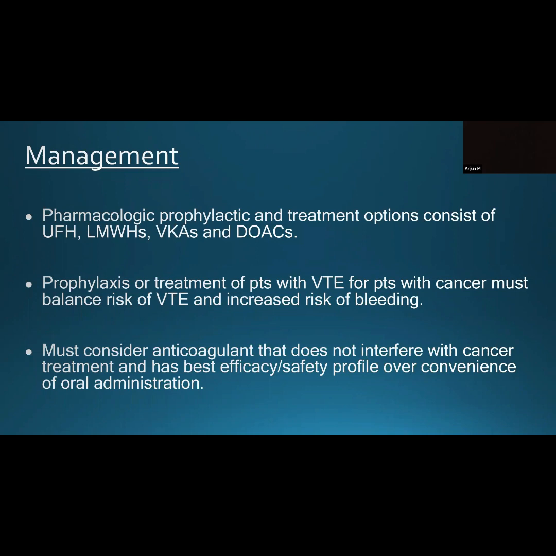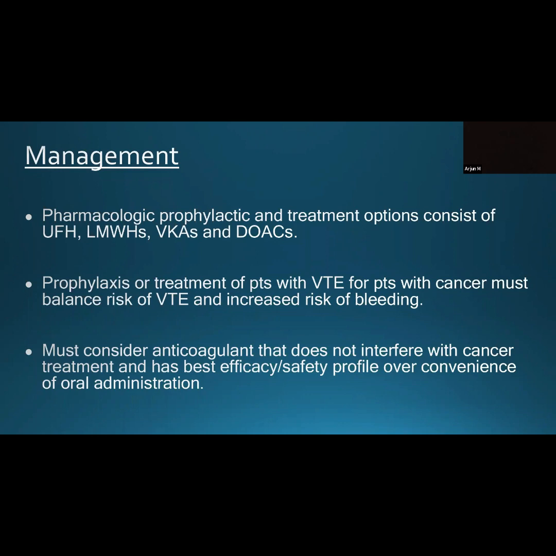We must always balance the risk of a venous thromboembolic event and its recurrence with the increased risk of bleeding. Most of the cancer patients we see in our OPD themselves have an increased risk of bleeding, so the treatment and prophylactic option must consider both the risk of recurrent venous thromboembolic events as well as the increased risk of bleeding.